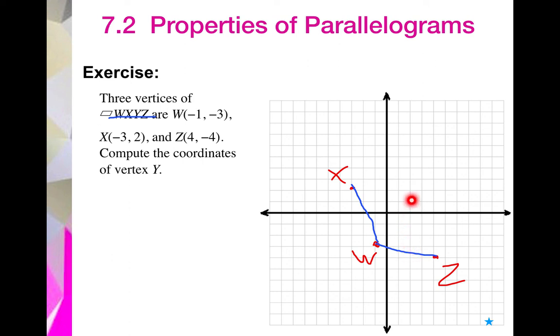So right here at 2, 1, I'm going to have Y. I'll put a point there at 2, 1, and I'll call that my Y. And if I connect that, then I have my parallelogram. So that's how we find a parallelogram using just 3 points.